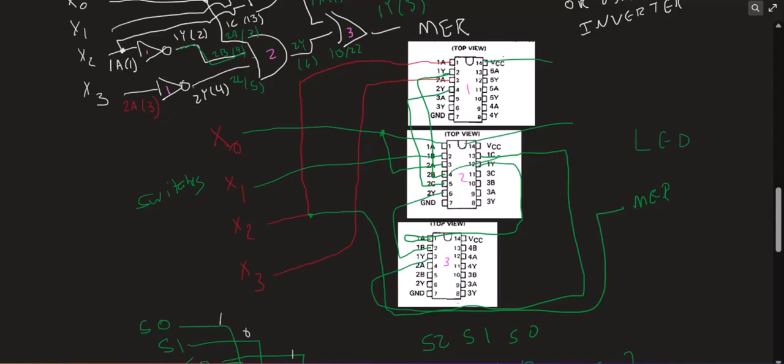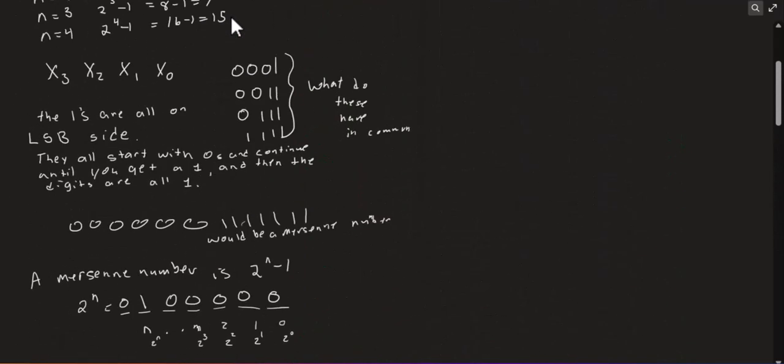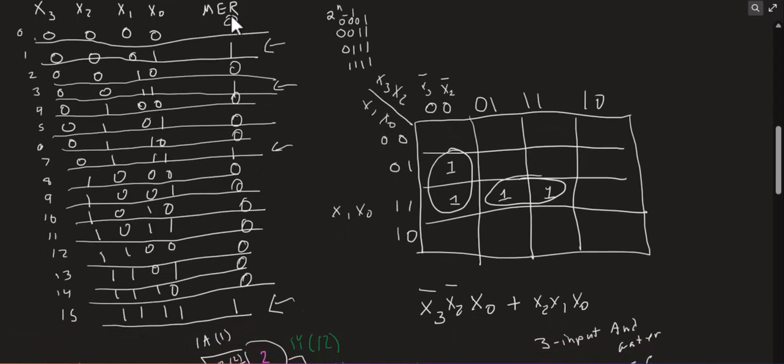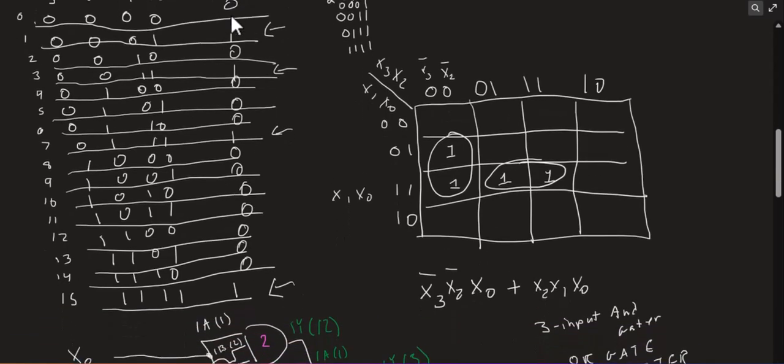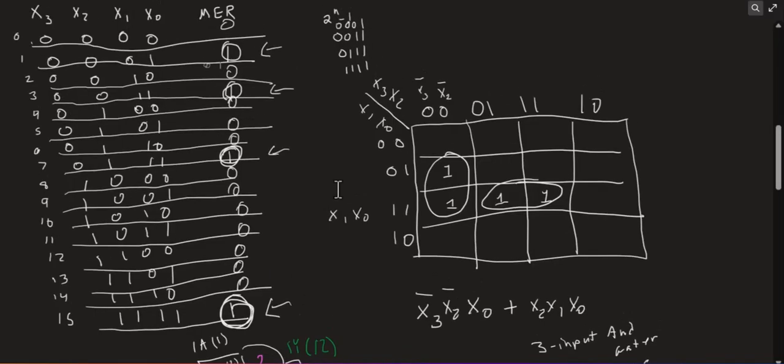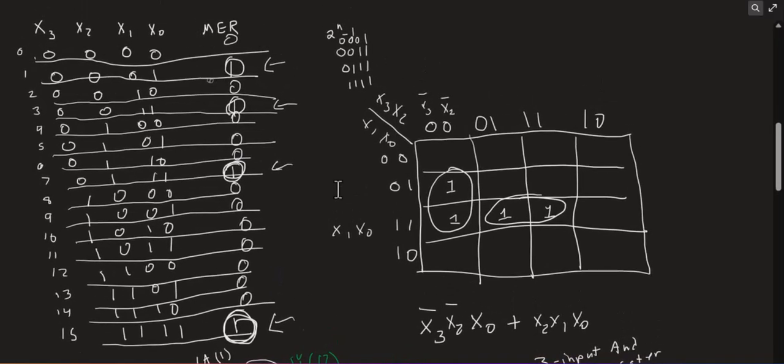Okay, all right, so let's take a look at our truth table. And let's take a look at where our 1s are. So our 1s are here, here, here, and here. And let's see if there's any trick that we can use that will let us use our multiplexer in a very efficient way to get the output that we want.